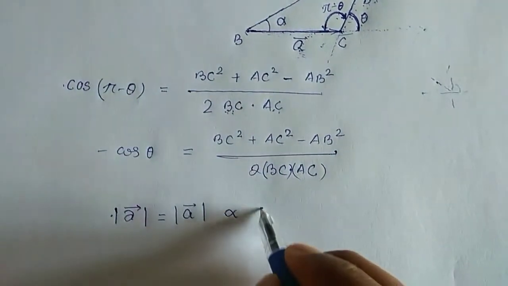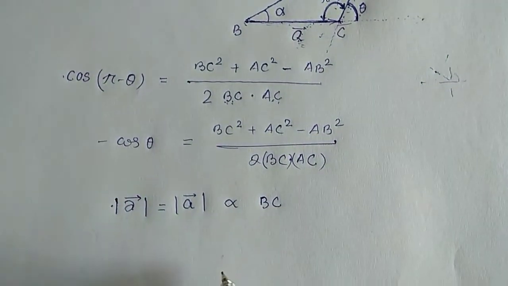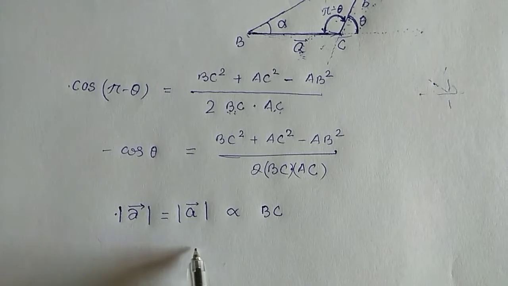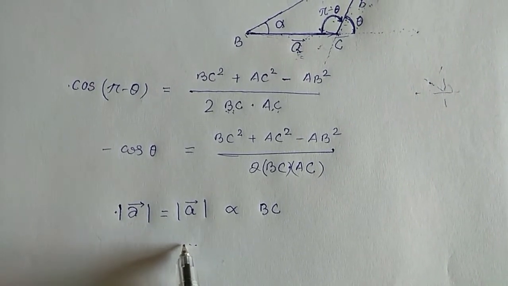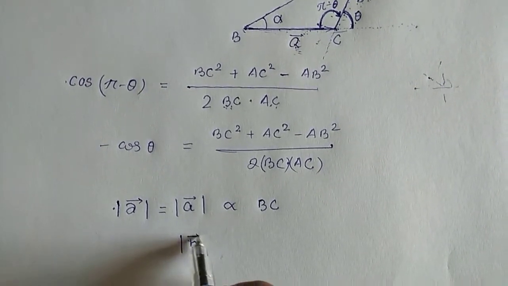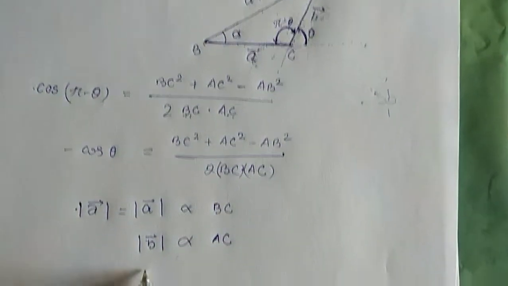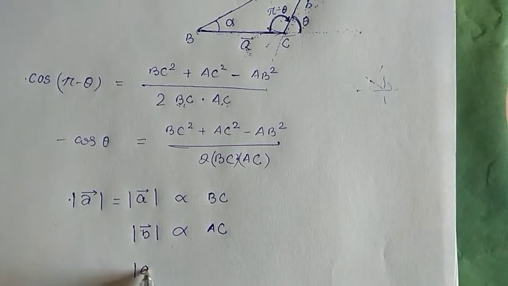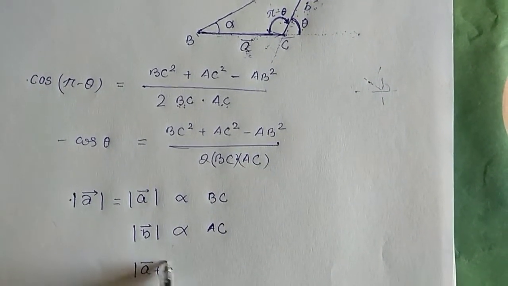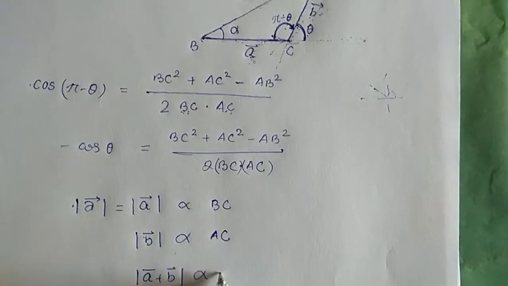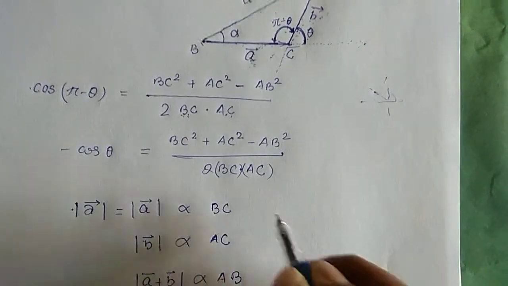Geometrical length means side BC, and similarly side AC, and the modulus of A plus B is AB.